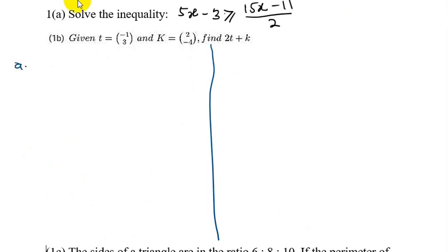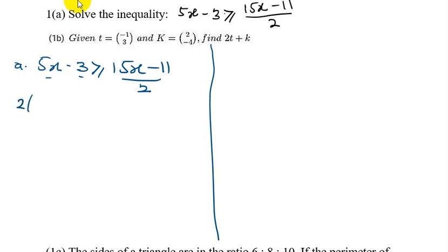For A, the question again is 5x minus 3 greater than or equal to (15x minus 11) all over 2. Now we have three terms, and we have a denominator of 2. What do we do? We multiply each term by 2 to clear the fraction.